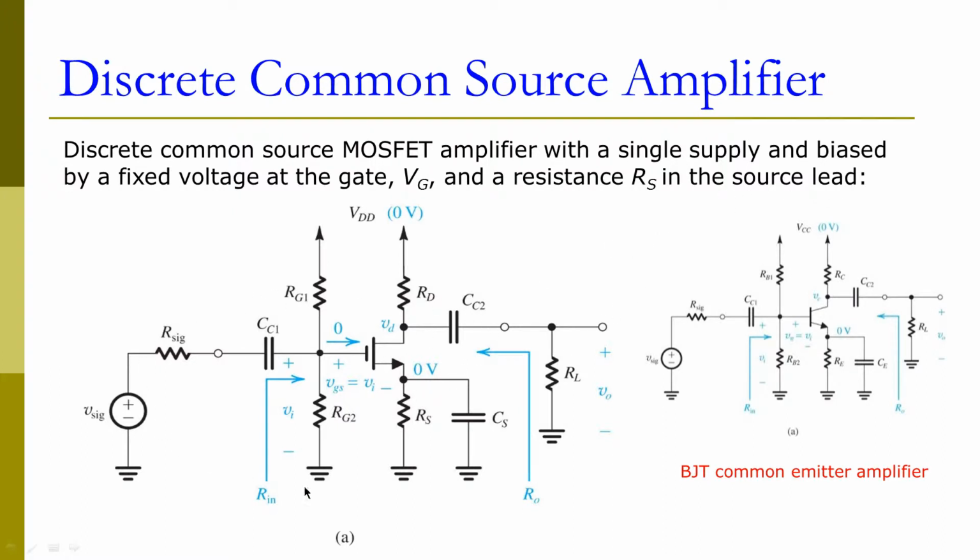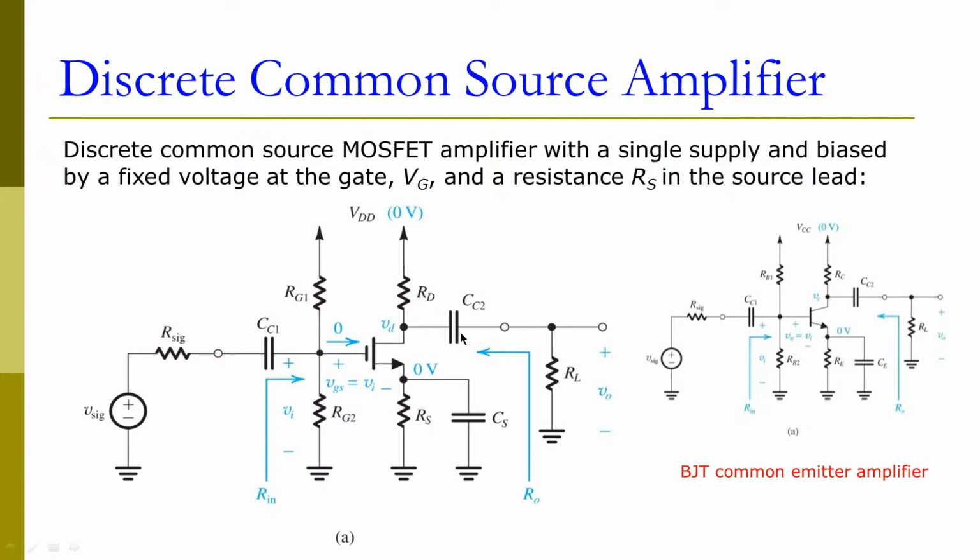In this circuit we feed in our signal through the CC1 capacitor. The purpose of this capacitor is to isolate the DC components from the signal source.